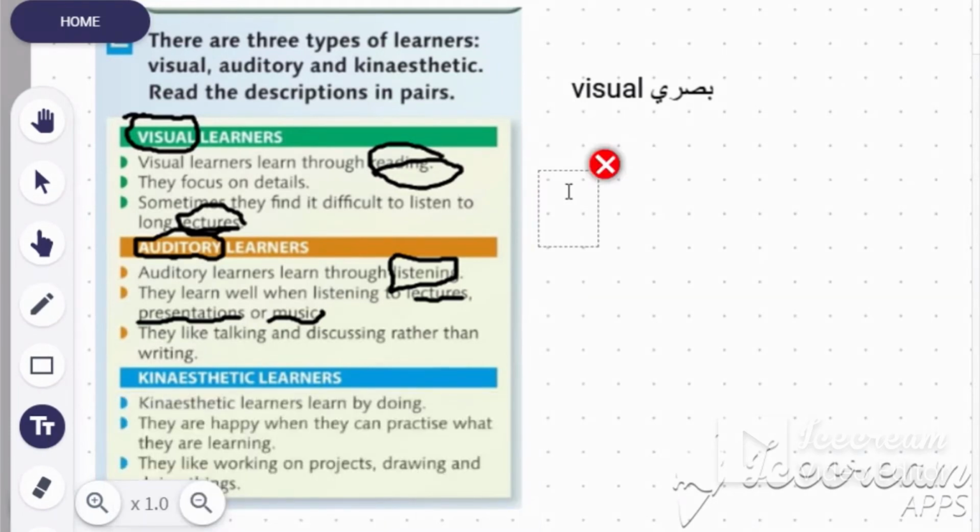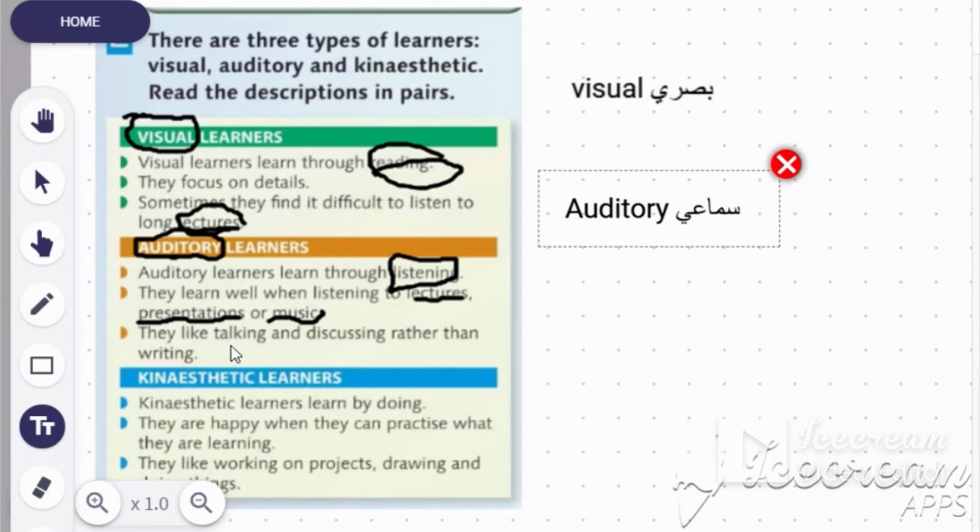So the word auditory is from the word audio, okay? Auditory means متعلم سماعي. They like to listen to the word. When they listen to the word, they remember it the most.